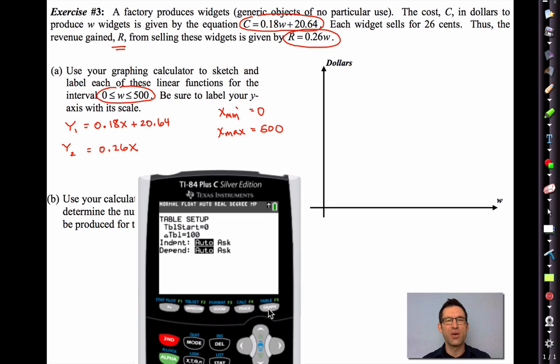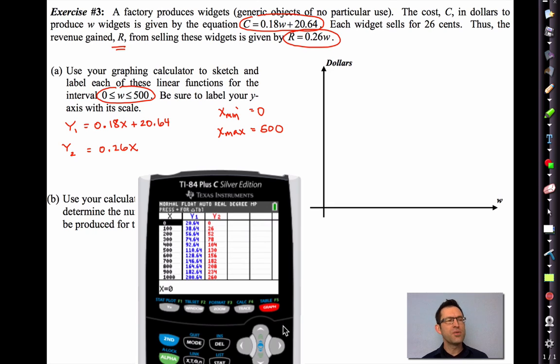Let's go into the table. And now we can scan that table. What you'll see is if you look at 500, y1 is at 110.64, and y2 is at 130. So that gives us a really good sense for how to set our window.